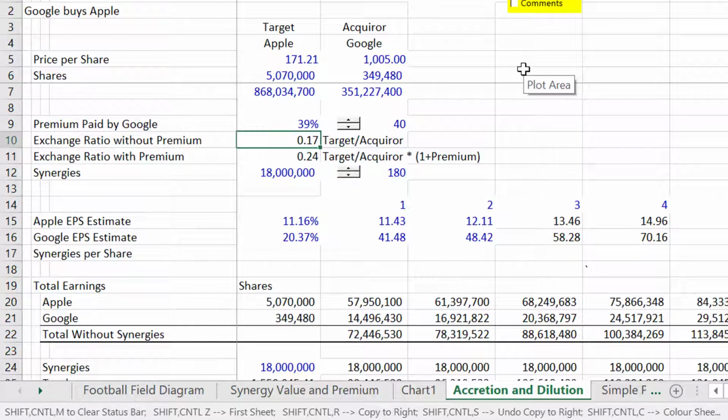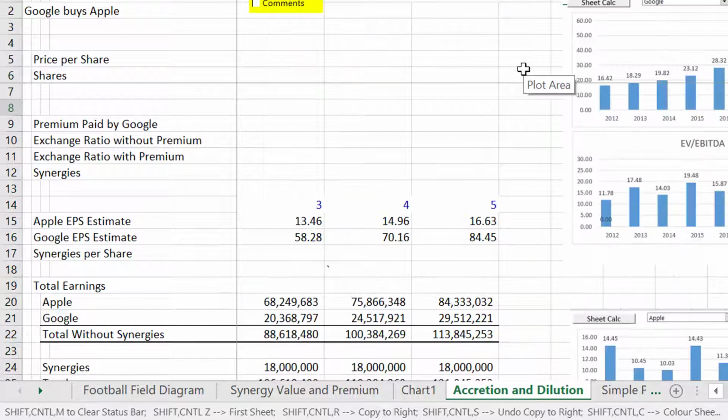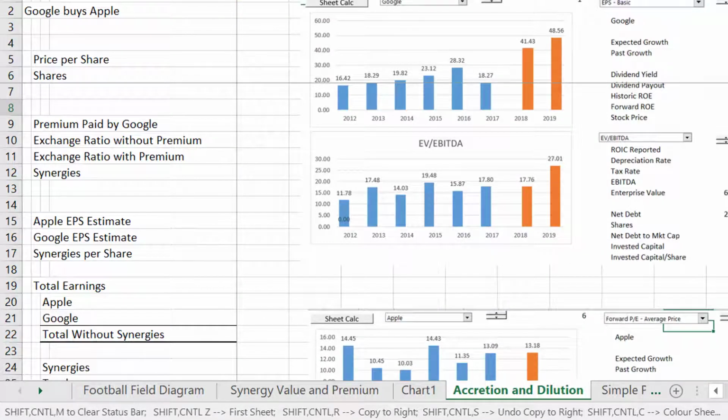But the point is that Google's PE ratio is, this is just the earnings, but their PE ratio is higher than Apple's.